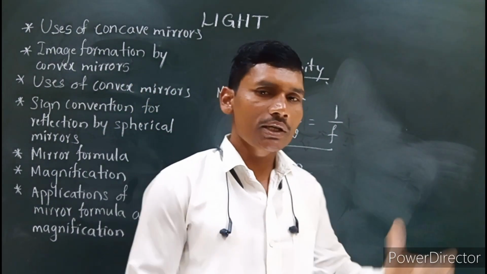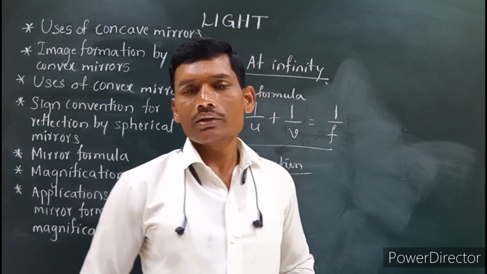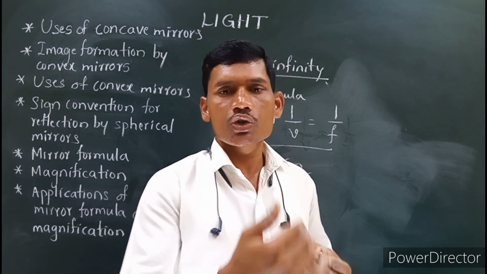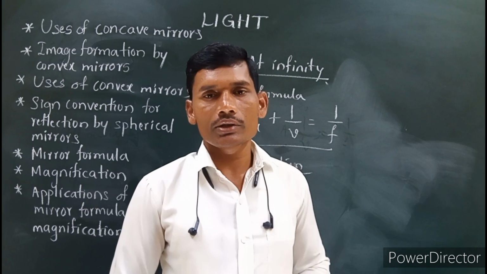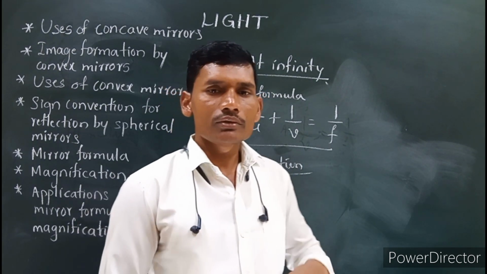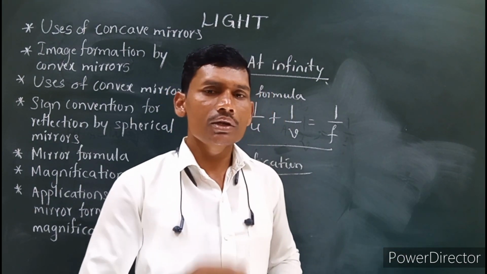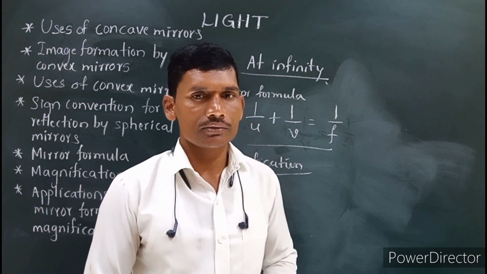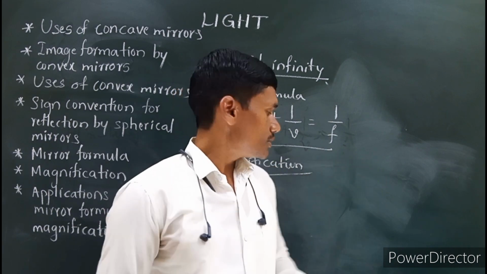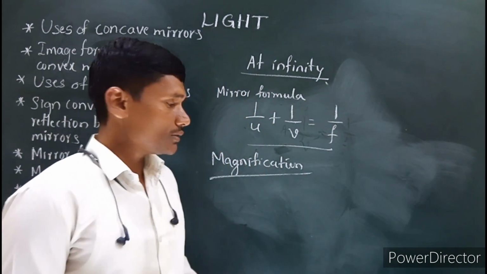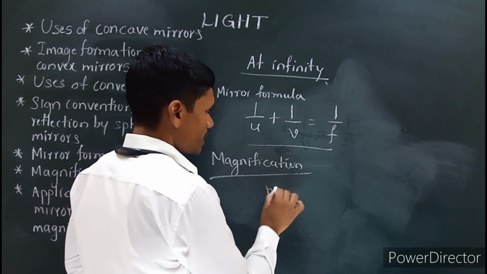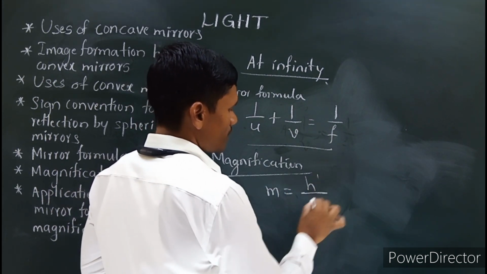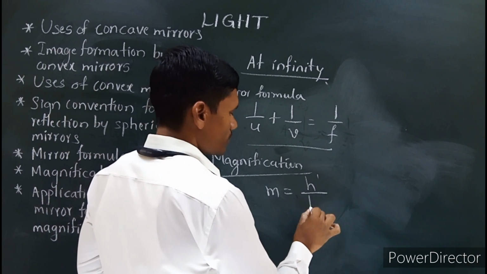Magnification produced by a spherical mirror is the ratio of the height of the image to the height of the object. That means it is the relative extent to which the image is magnified with respect to the size of the object. It is denoted by the letter m, and it is the ratio of the height of the image to the height of the object.